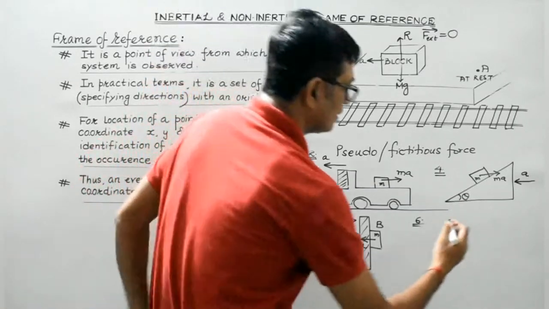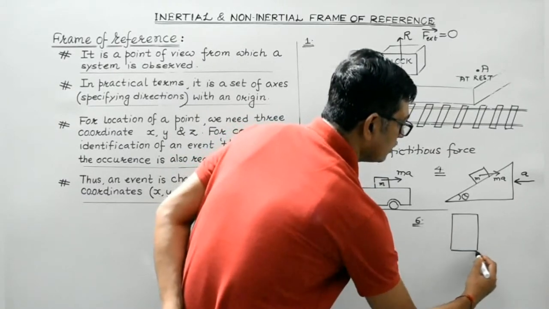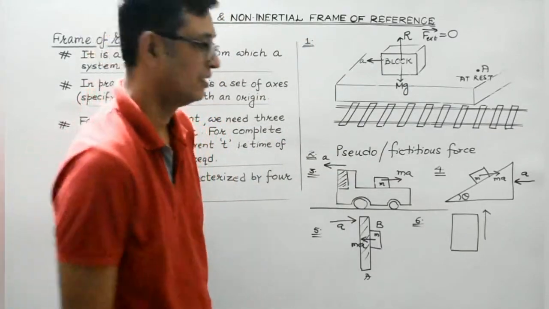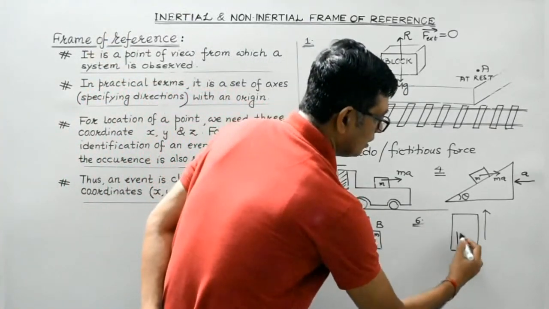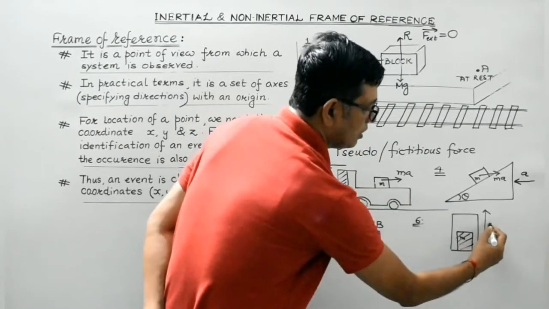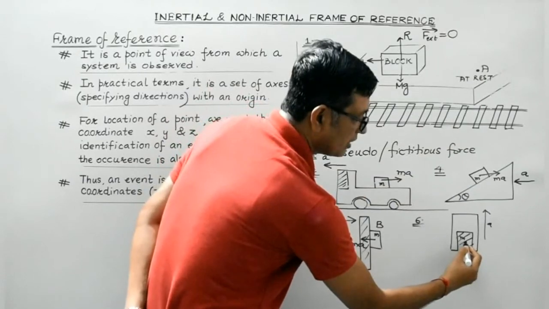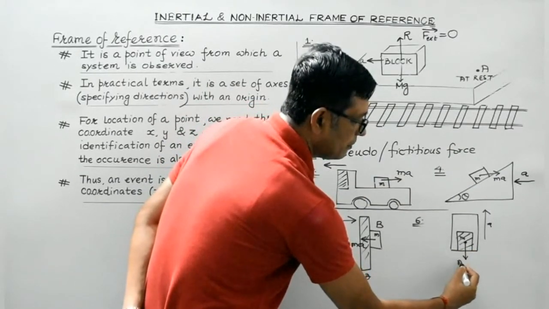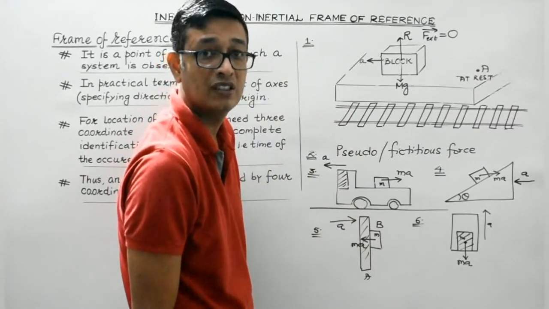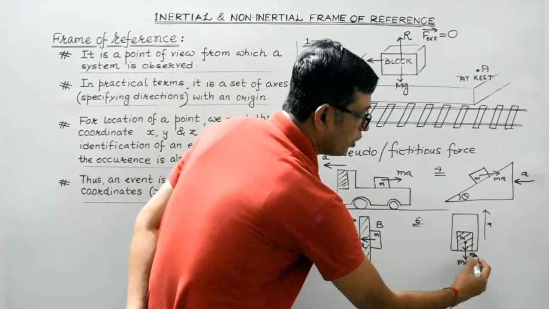But what happens is, in case the lift moves forward, the person or the block of mass m, if the system is accelerated upwards, will experience an additional force ma in the downward direction. Am I clear, students? This is the fictitious force, and this is in addition to the weight of the block.